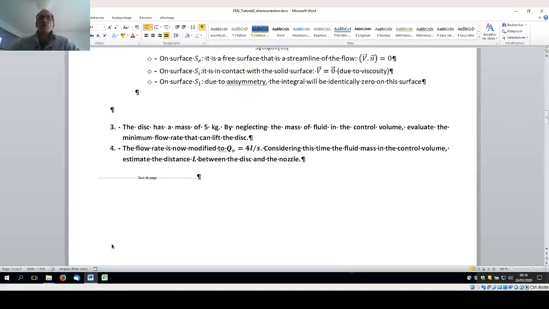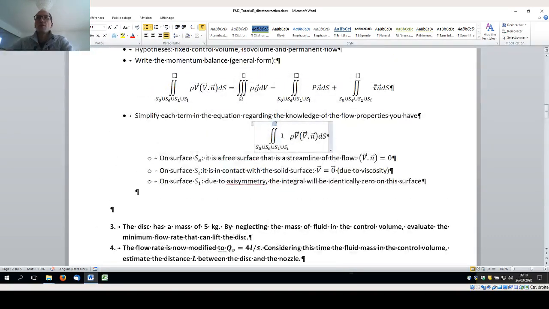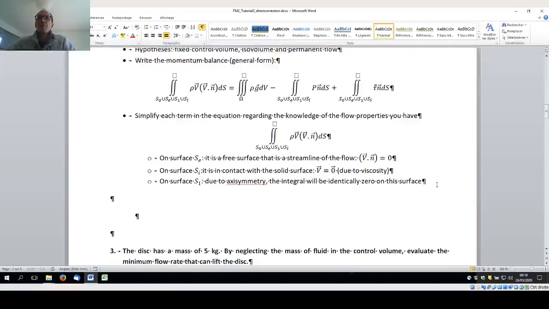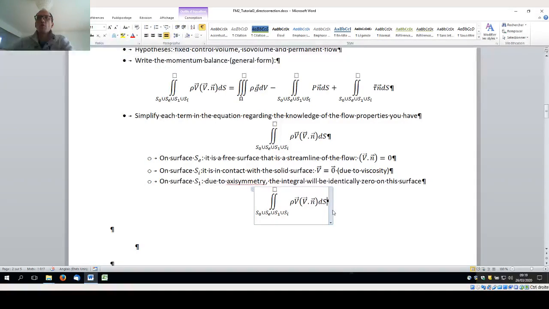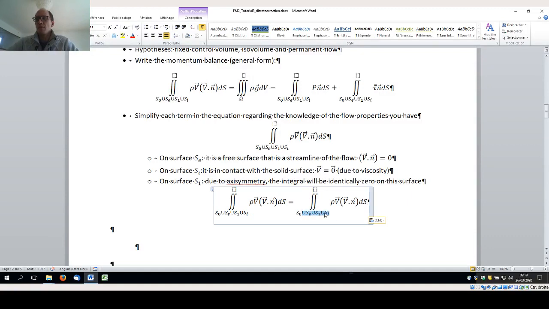So if it is only what's happening on S0, what we can write is that it's equal to just the same integral over S0. So we have simplified quite a lot, because the momentum flux is only what's getting into the problem.